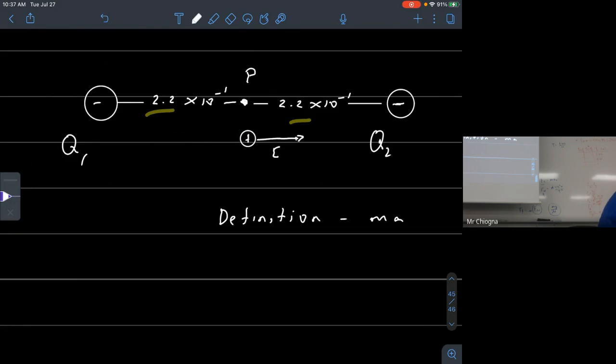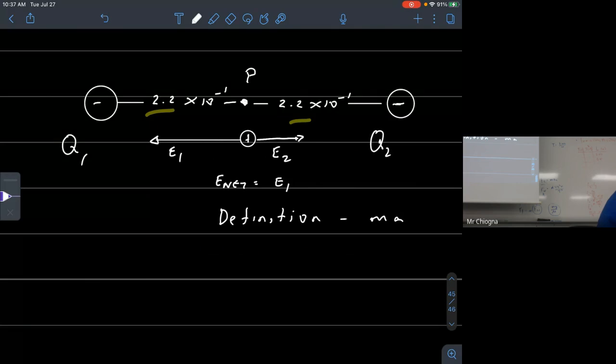In that case, your E2 would be to the right. E1 would still be to the left. In that case, the net electric field would be what I wrote earlier, E1 minus E2. Definition, man-made.